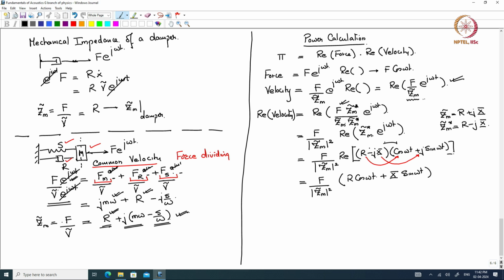I have a minus, j squared gives me a minus, so it becomes a plus. So, this is the instantaneous real part of the velocity.